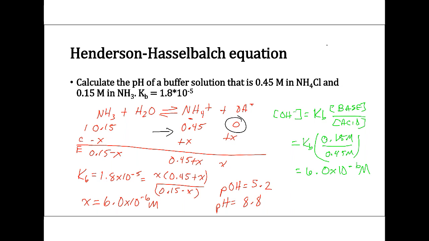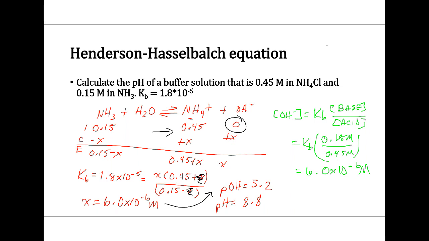Well, we can use the same trick again because our initial concentrations are on the order of 10 to the negative first. And then Kb is 1.8 times 10 to the negative fifth, so we could ignore this x, and we could find that x is equal to 6.0 times 10 to the negative 6, but remember that this is the hydroxide concentration, so you can find the pOH, and then from there you can find the pH.